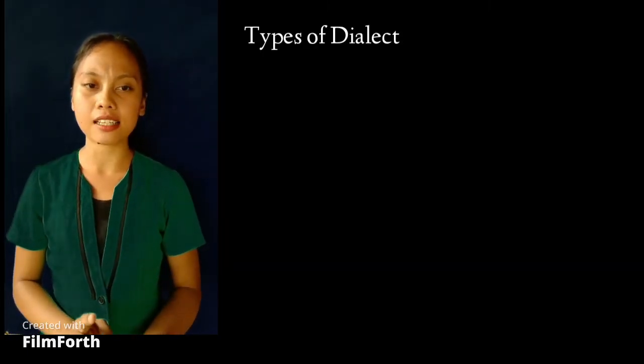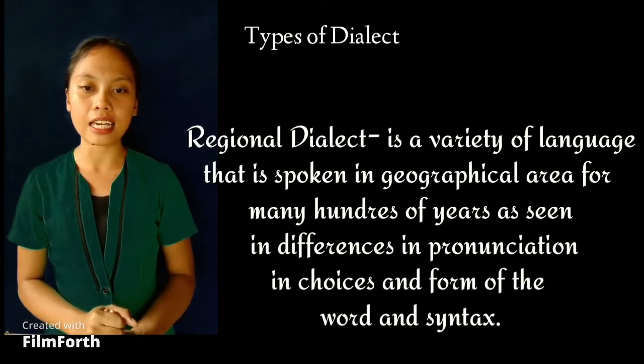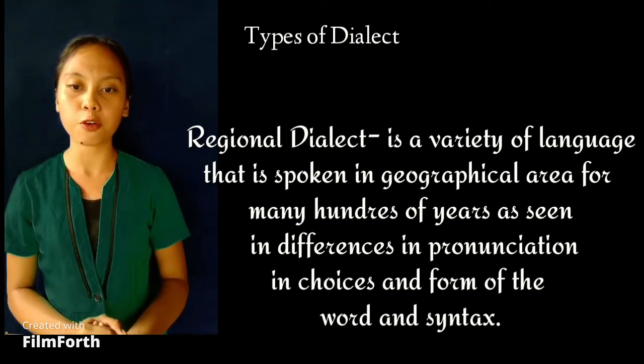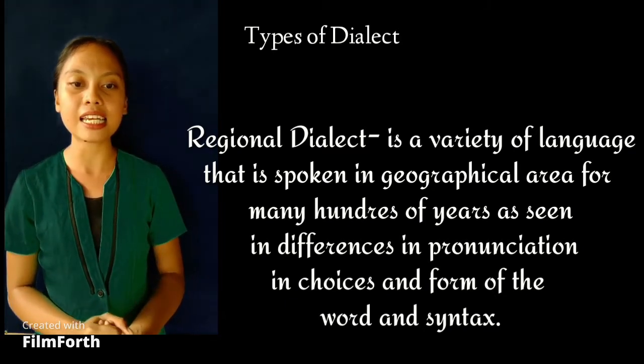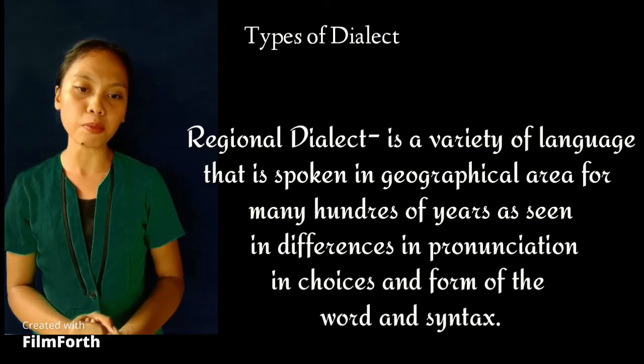So to understand it clearly, there are types of dialects. First is regional dialect. A regional dialect is a variety of language that is spoken in a geographical area for many hundreds of years, as seen in differences in pronunciation, in the choices and form of words, and in syntax.